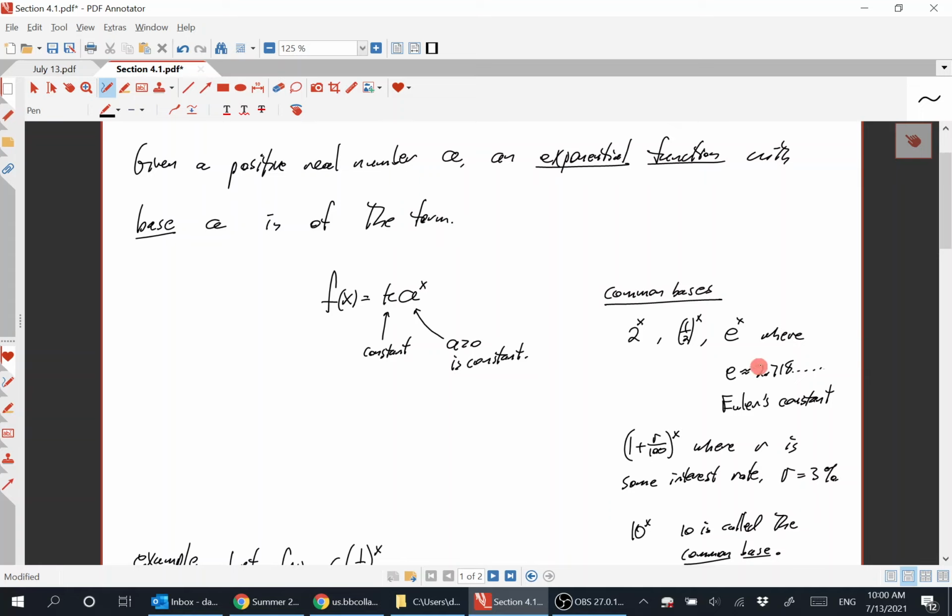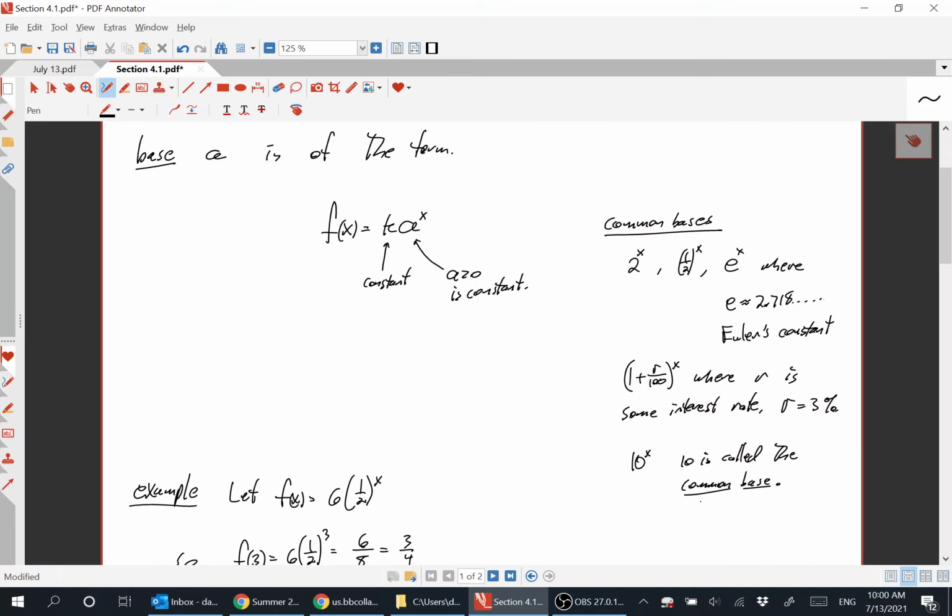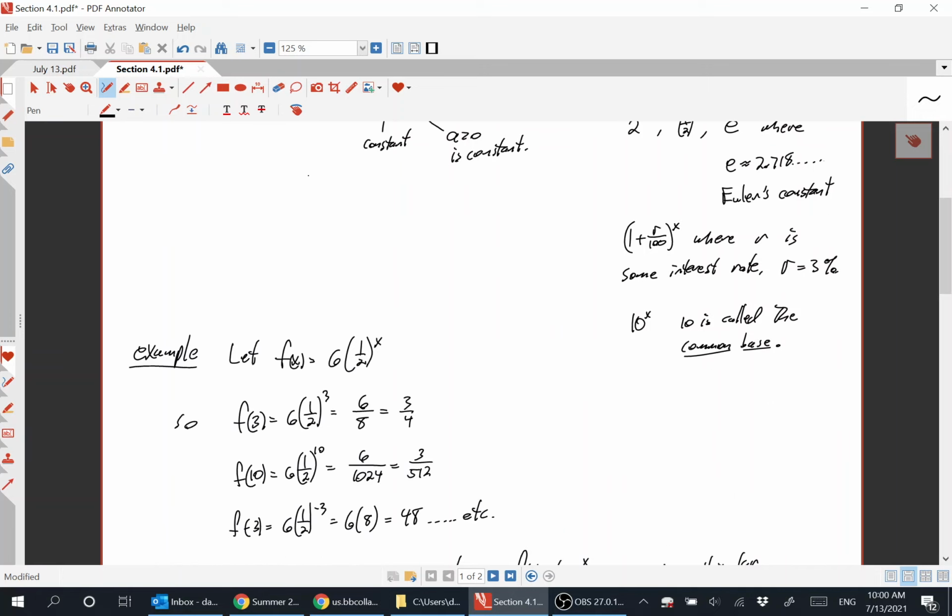But it's a real number just like any other. Another common type of base that's used is 10. And then bases that look like 1 plus r over 100, where r is some interest rate, like 3% on a mortgage or savings plan or something of that sort.